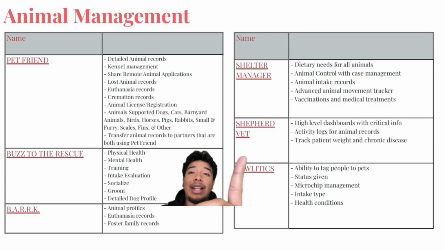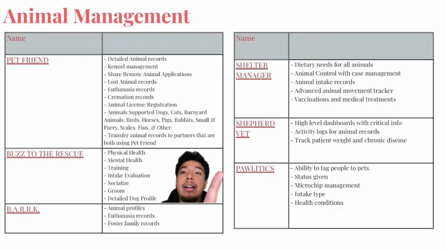They also have vaccination and medical treatments, which is very important. Alright, we have Shepherd Vet right here. They have a high-level dashboard with a lot of great info, activity logs, and diseases that the animal may have. Next, we have Polytics, which is able to match pets and potential adopters.